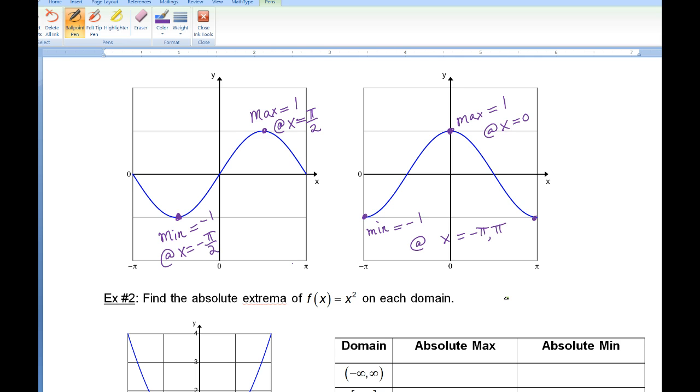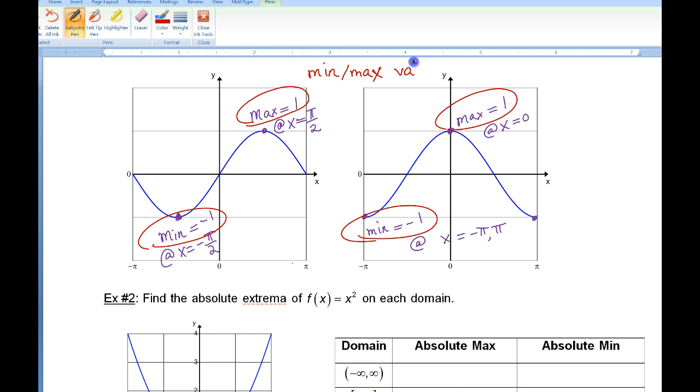So when I ask you just for the minimum or maximum value, I'm referring to a y value.